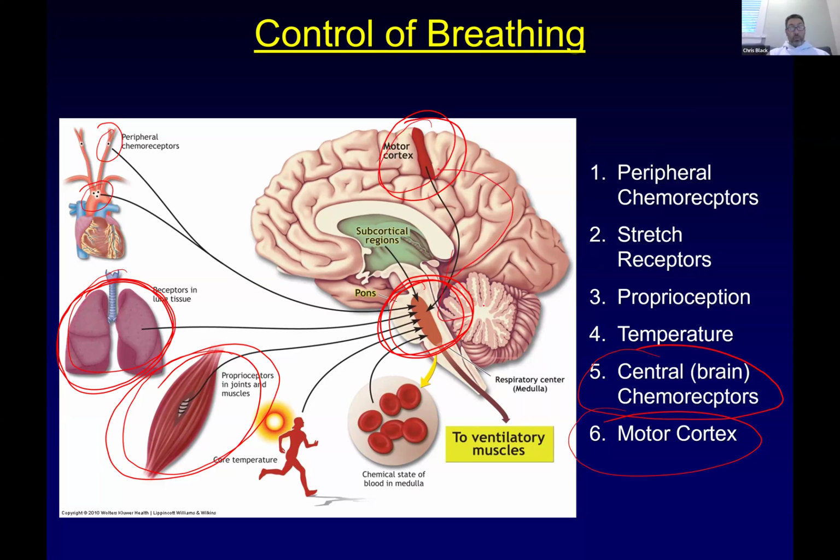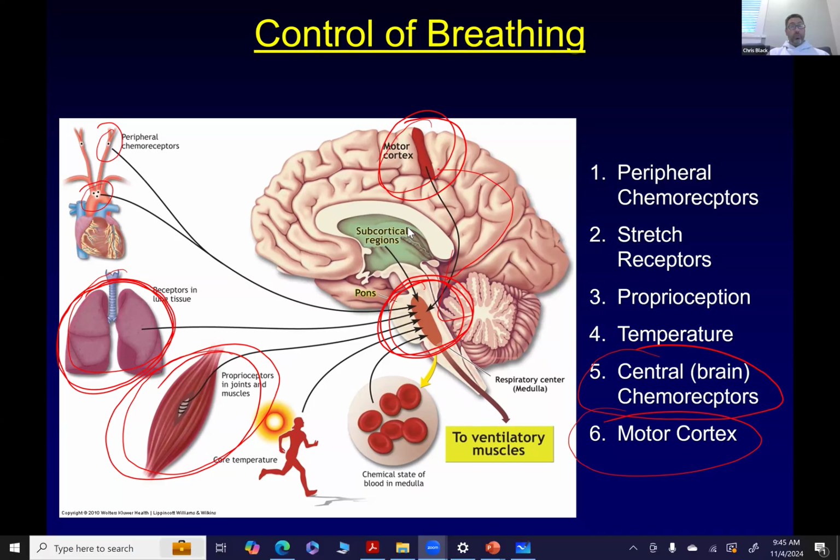I want to be really careful and say that you can exert conscious control, but that conscious control will only last for a little while. If I ask all of you to hold your breath, you can only hold your breath for so long, right?